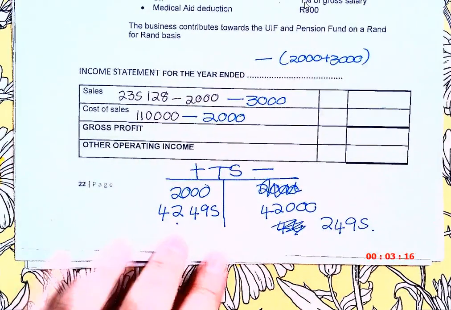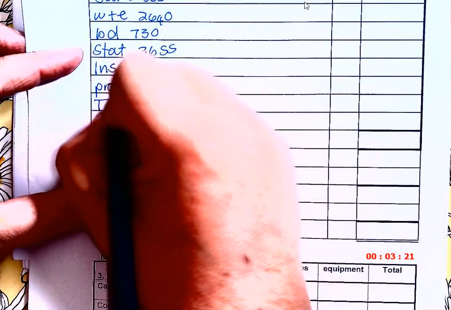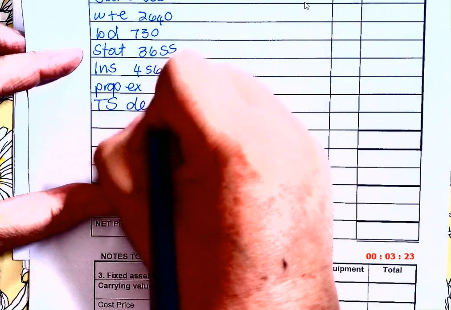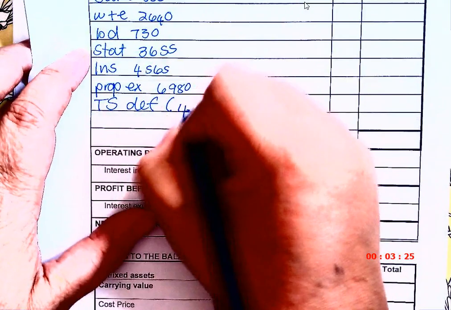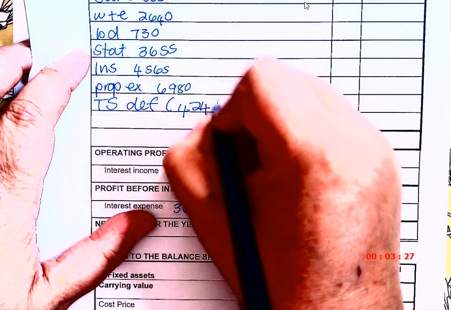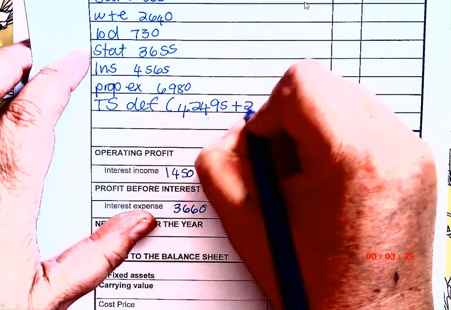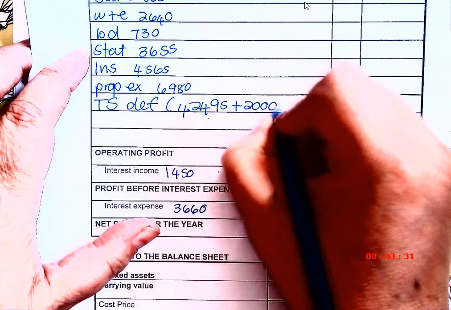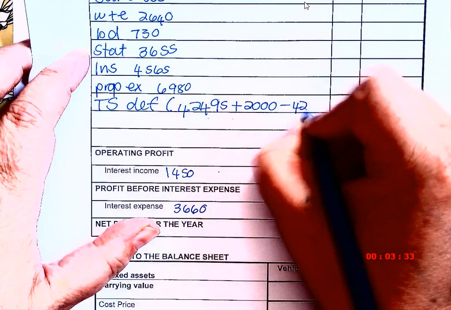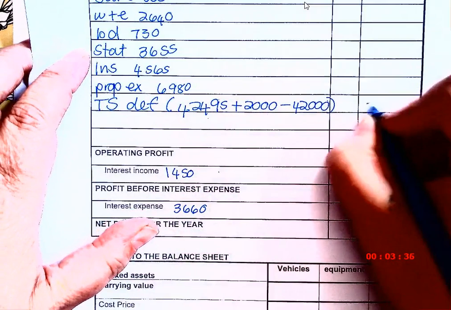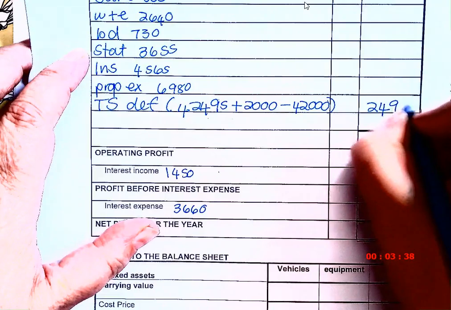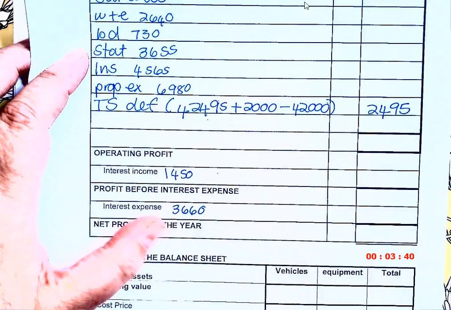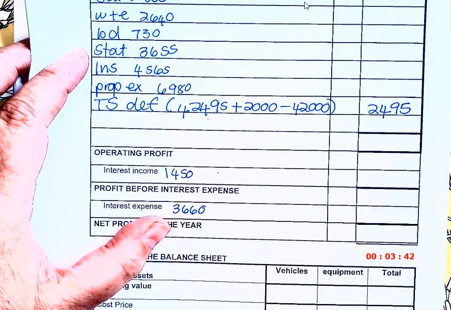So trading stock deficit, don't be lazy. Write out 42,495 plus 2 minus 42 gives me 2,495. The moment there is a third thing in there.